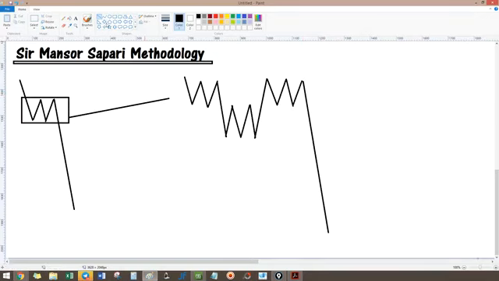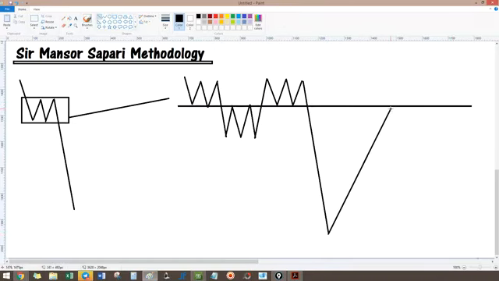So this level is called a significant support and resistance.